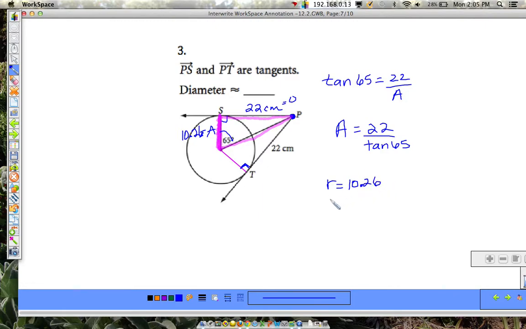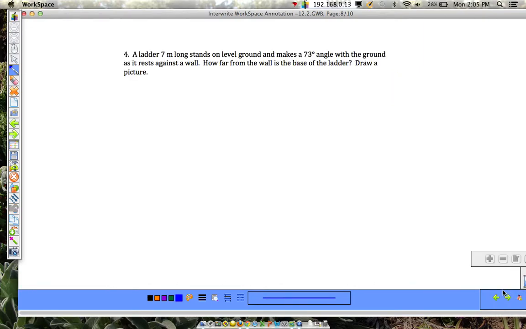So the diameter is 2 times 10.26, which is going to end up being 20.52 centimeters. So the key to these problems is really just mark everything that you know, find your right triangle, and then mark your angle and figure out which is the appropriate trig function to use to solve for the missing side.